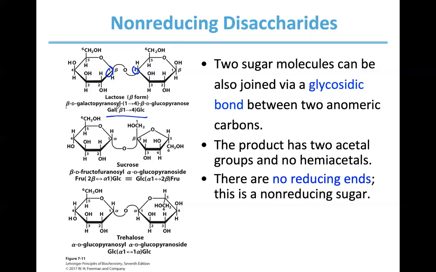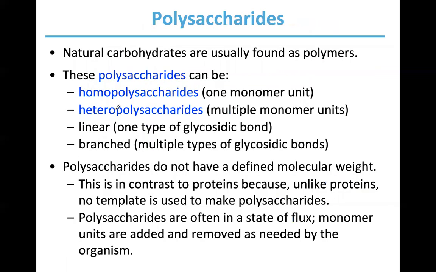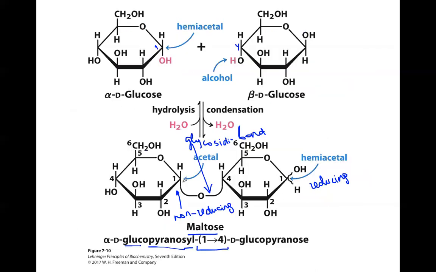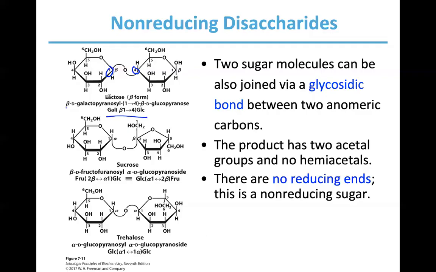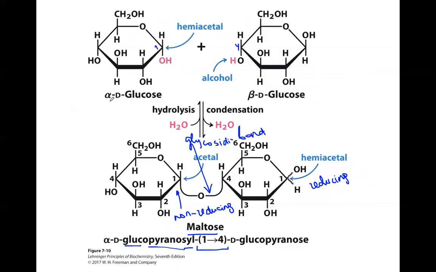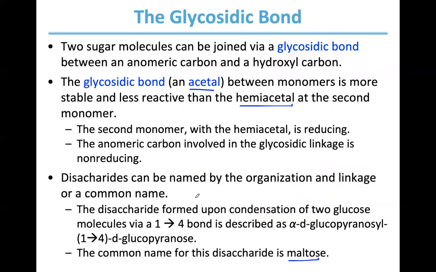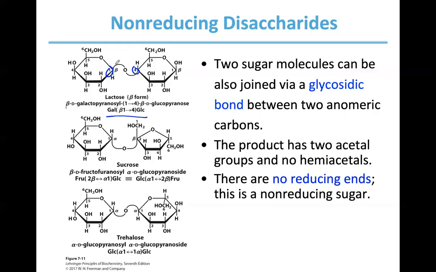But these glycosidic linkages: if I told you about this one, which is alpha, which is maltose, very easily digested, and lactose is not very easily digested, right? You can already see that the alpha glycosidic linkage is more easily broken than the beta glycosidic linkage, right? So to break the beta glycosidic linkage, you need a special enzyme, lactase, right?